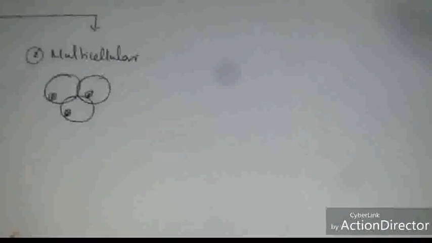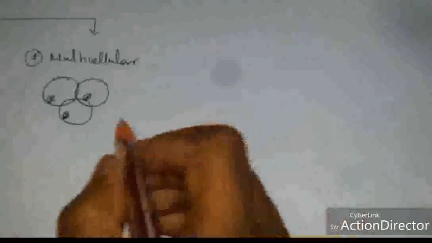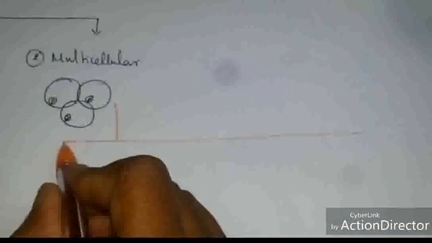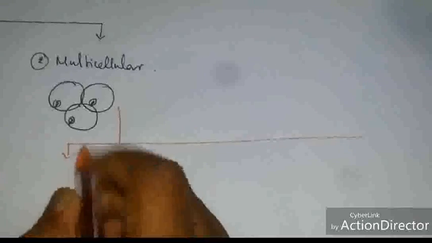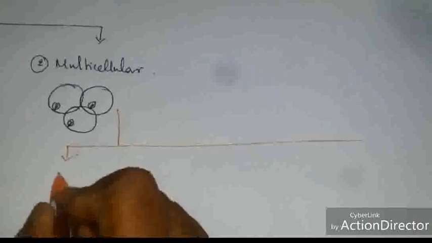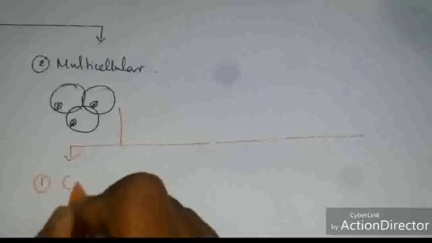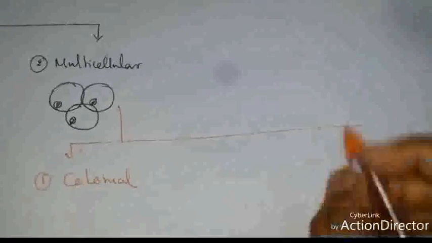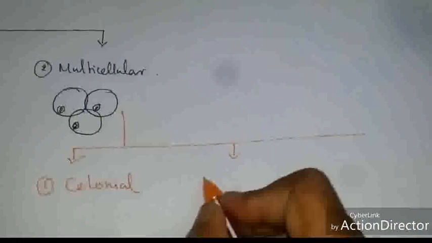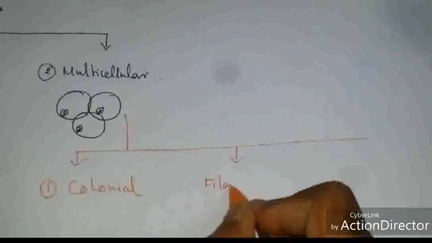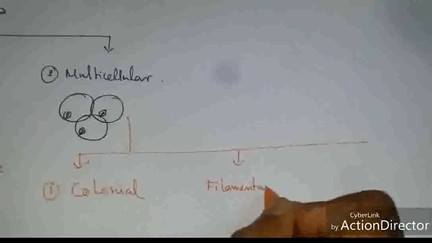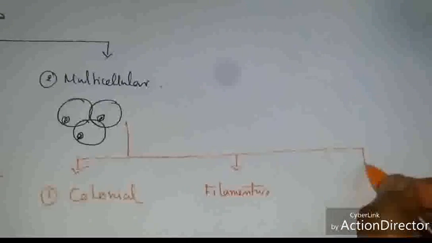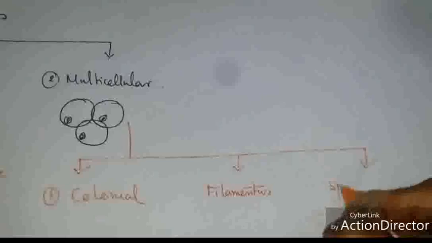Now, multicellular is divided into three groups. Number 1, colonial. Number 2, filamentous. And number 3 is special type.